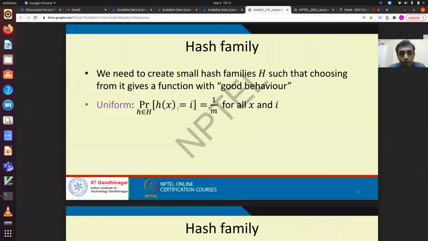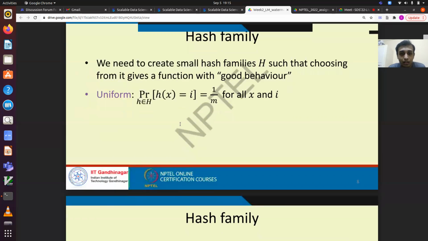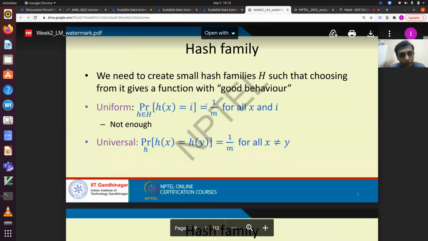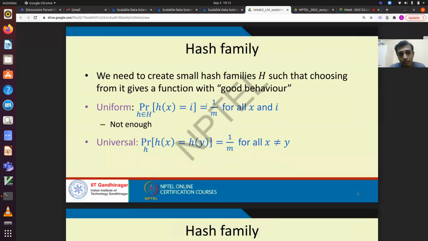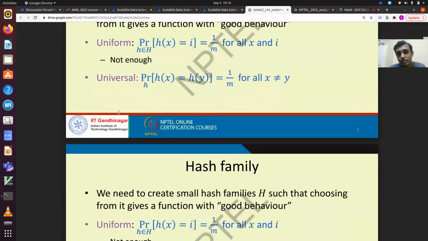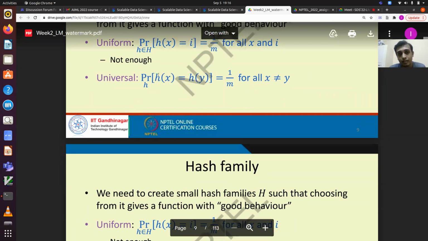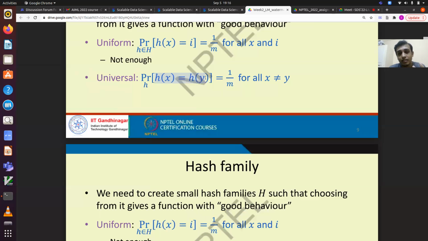Regardless of the target, any hash function should have a uniform probability of mapping. That is not good enough. Why? Because you can have 2 hash functions which all do the same mapping, and then there is basically duplicacy.